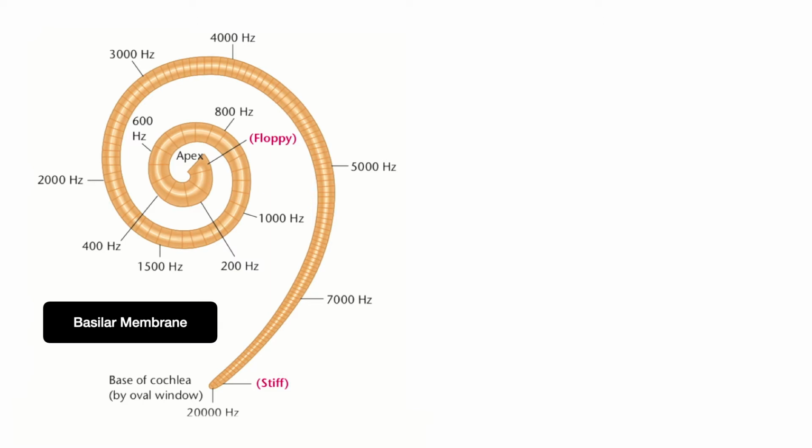What this indicates is these different areas respond to different kinds of vibrations. Very high frequency sounds will vibrate toward the stiff end, the beginning of the cochlea. Lower sounds will translate further down the cochlea to the more floppy end.